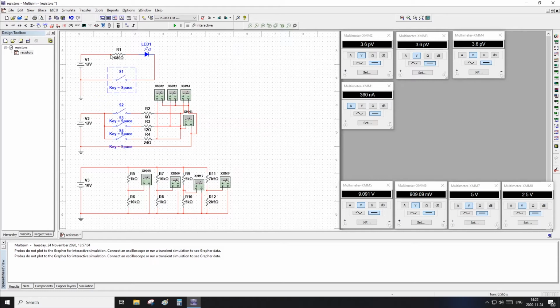One, it limits the current the circuit is running, and second of all, it eats away voltage. And that's why a resistor works the way it works. It sounds kind of complicated, but I'm gonna explain it to you.